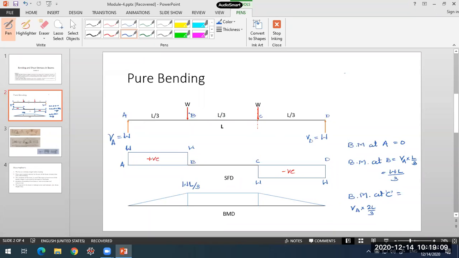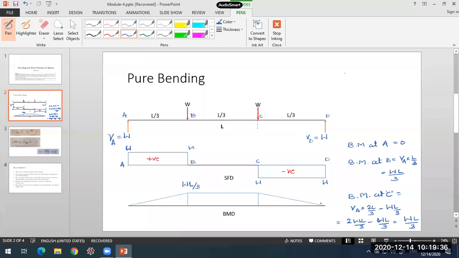Now this is left side but anticlockwise moment, so minus W into L by 3. So it comes out to 2WL by 3 minus WL by 3, which gives us WL by 3 over here.